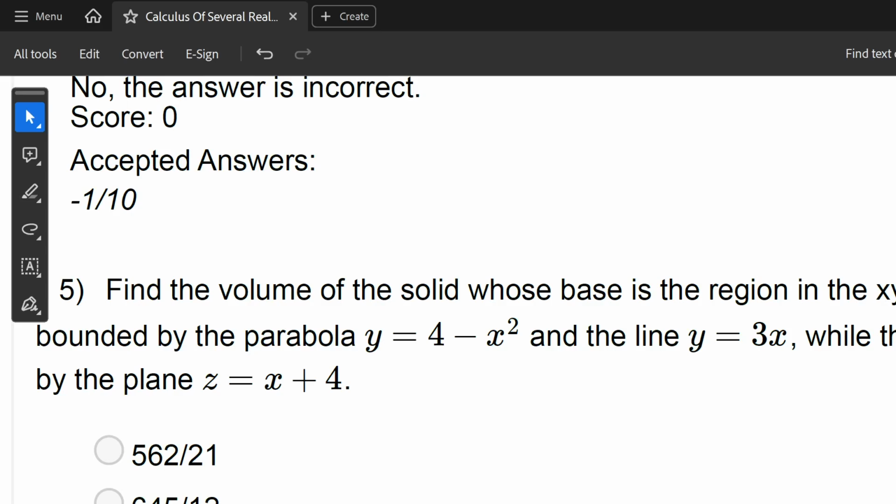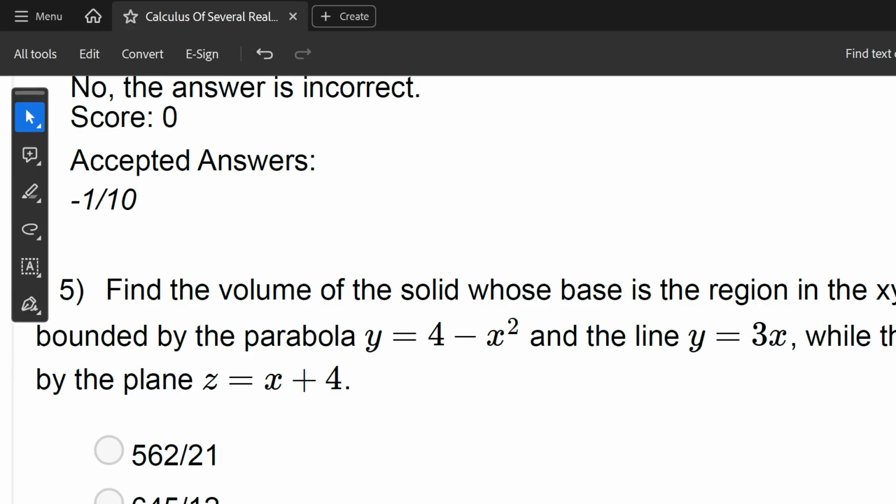Now this is a good problem, because here we have to draw a three-dimensional picture. It is a solid whose base is in the xy plane, bounded by a parabola and a line, and whose top is bounded by a plane.